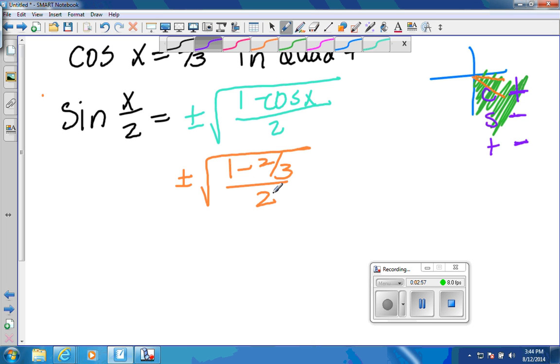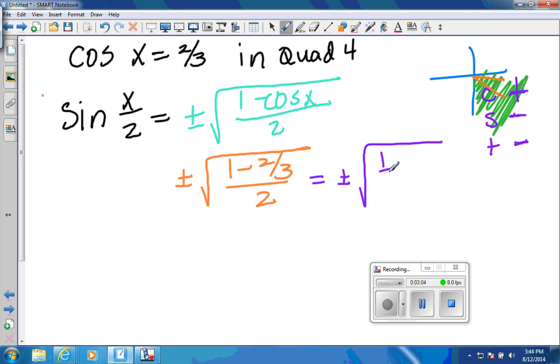And simplifying this ugly piece here, that would be like plus and minus the square root of 1/2 minus 1/3. And so then you just have to remember how to add fractions and do all of that good stuff. And so common denominator is 6.